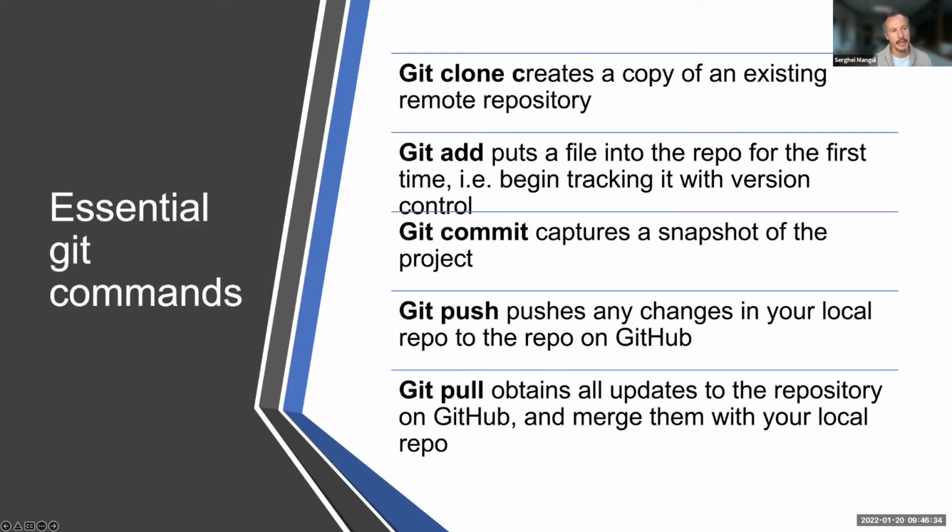I will say, okay, I have changed those 2 files because I did this additional analysis. That's your comment. And then you say, okay, I'm ready to push that snapshot, right? That particular change I did, online to GitHub. And this is when you do Git Push. It pushes any changes on your local repo to the repo on GitHub.